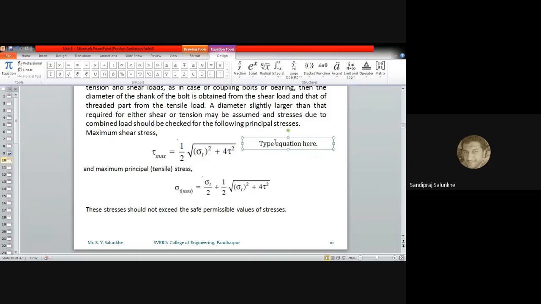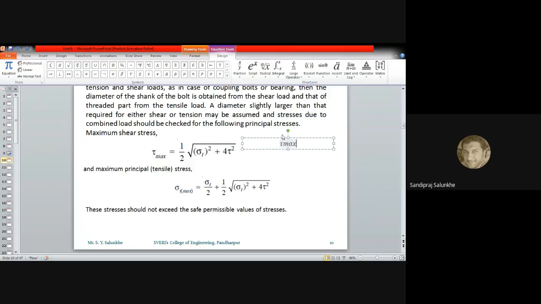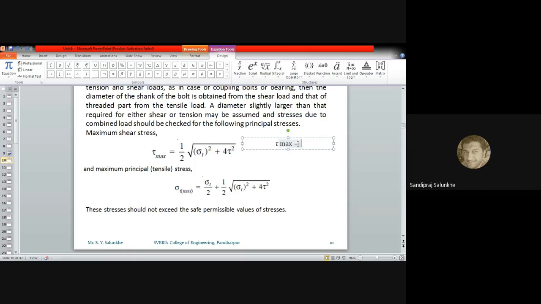This tau max is equal to force divided by area.